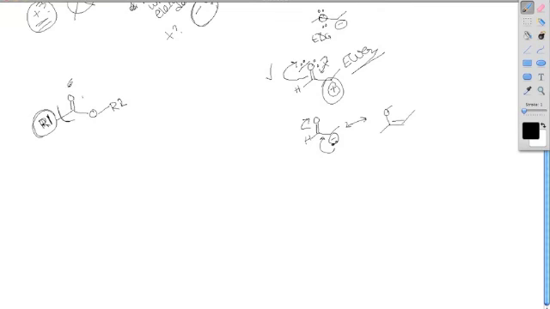And we know the carbonyl is the electron withdrawing group. So on this side, where the R1 is, the carbonyl is going to be withdrawing electron density. But as we see on this side with R2, that's in direct contact with the ether as an electron donating group, this ether is going to be donating electron density.